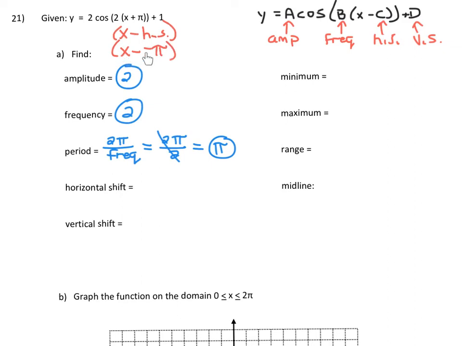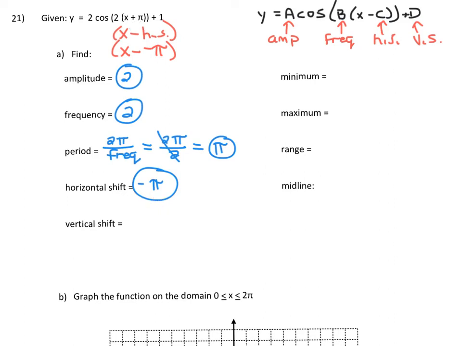Isn't a minus negative a plus? So here, x minus negative pi is going to be our horizontal shift. So for horizontal shift, we're going to put negative pi, okay? Please don't put pi. Basically what you do is you just take the opposite sign of what's in there. So if it says plus pi, you write minus pi.